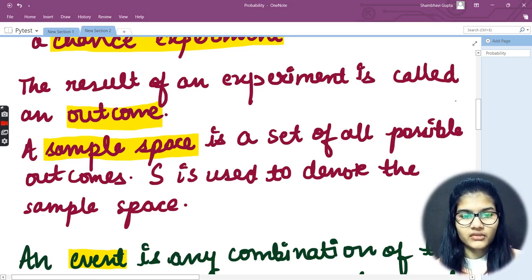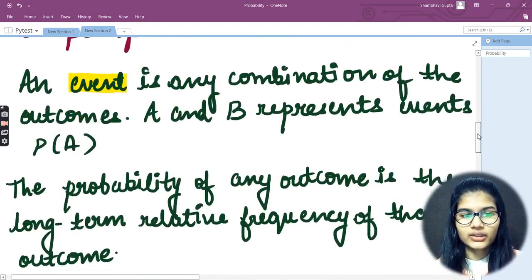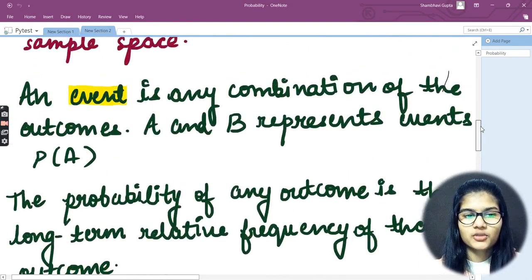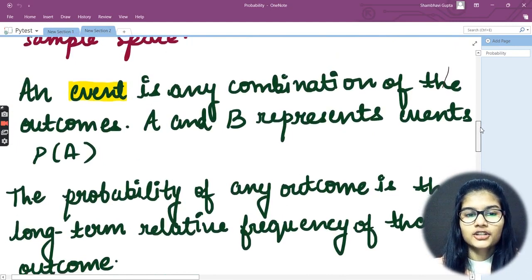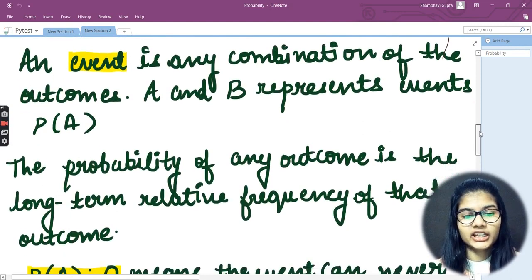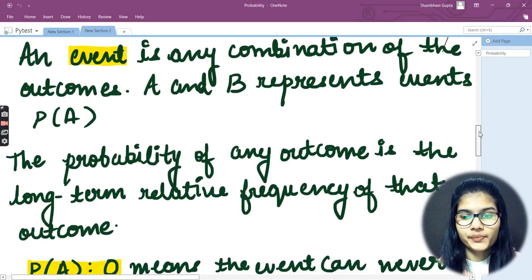Further, we discussed what an event is. An event is a combination of outcomes. A and B represent the events. If you want to write that in the form of probability, it is probability of A like this. The uppercase characters you have all represent the events for you.